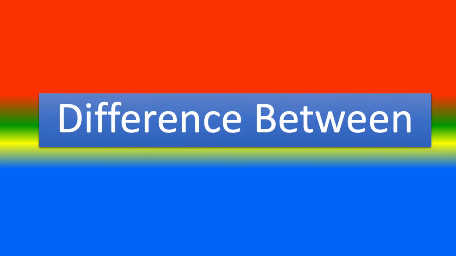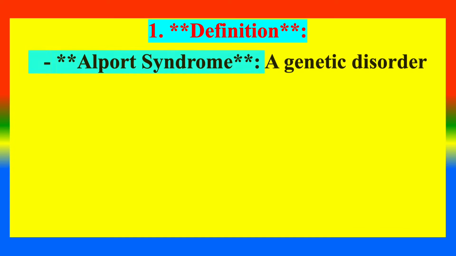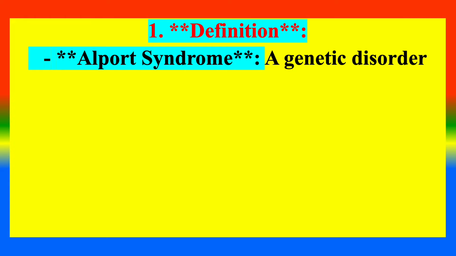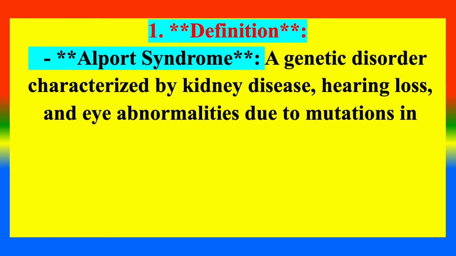Difference between one, definition. Alport syndrome, a genetic disorder characterized by kidney disease, hearing loss, and eye abnormalities due to mutations in collagen type 4.